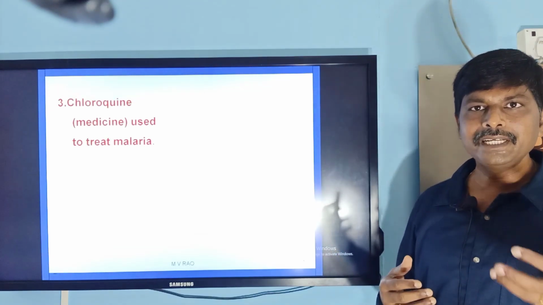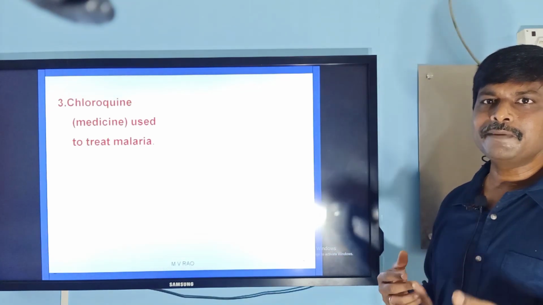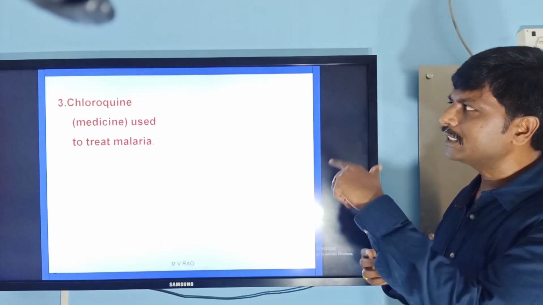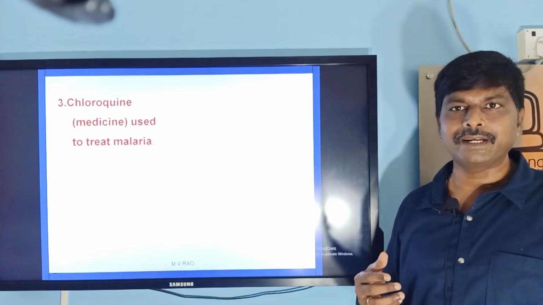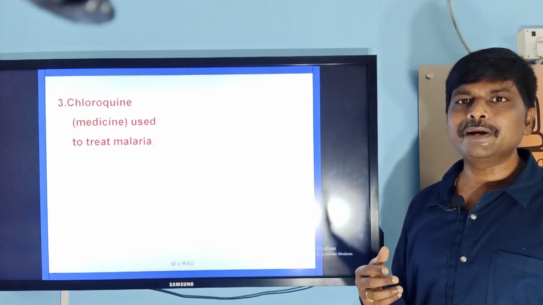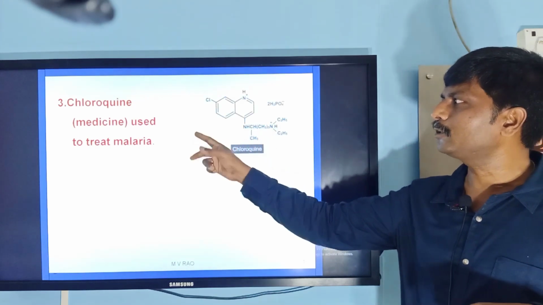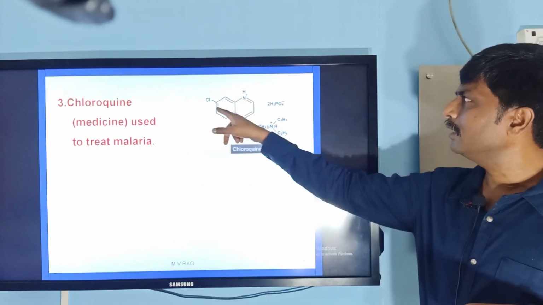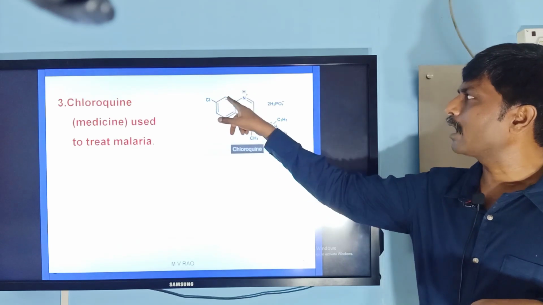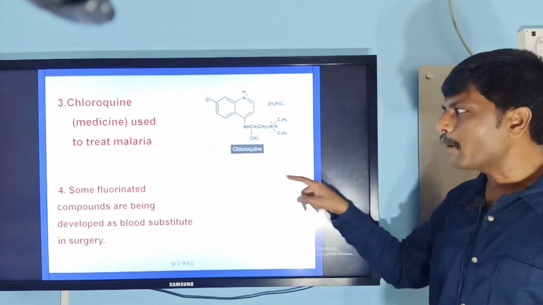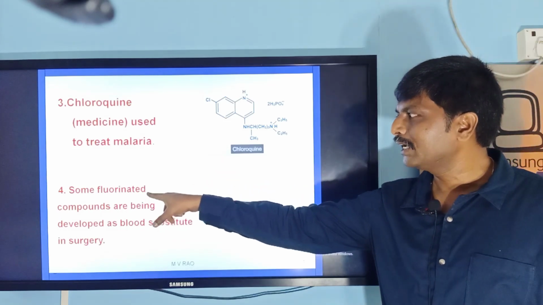Nowadays you heard about this medicine in the media and in social media. Its derivative, hydroxychloroquine, is used in the treatment of corona, COVID-19. Actually chloroquine is the medicine used to treat malaria. It has a chlorine atom on an aromatic ring, a haloarene. You can take some fluorinated compounds here; fluorine is a halogen.